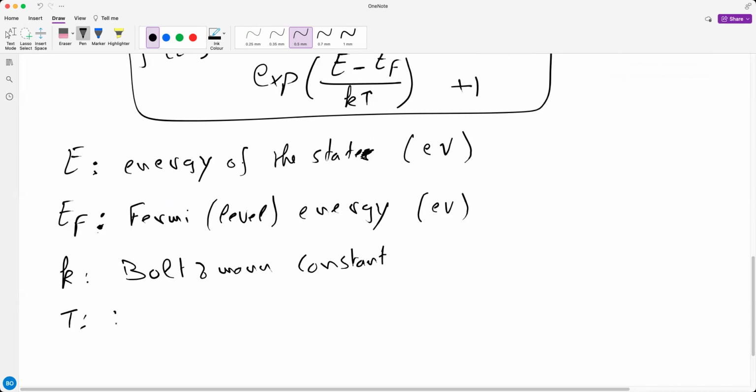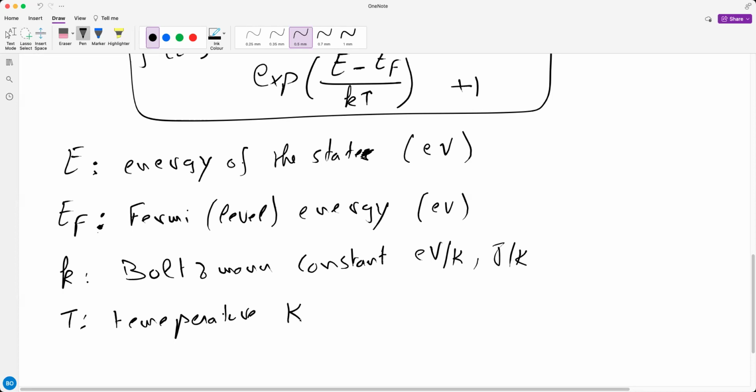And T is the temperature. So the Boltzmann constant is given in electron volt per Kelvin or joule per Kelvin. Now you have to make sure that you are using the right unit, but we will do some examples.